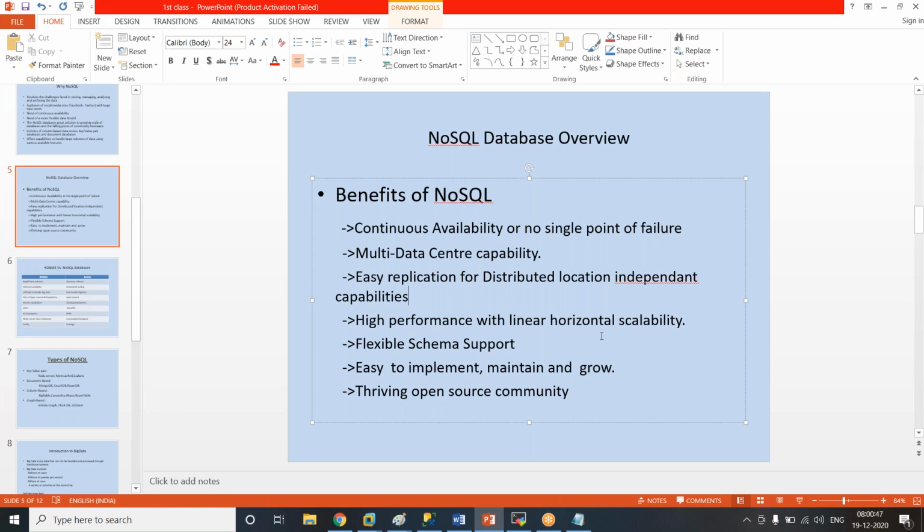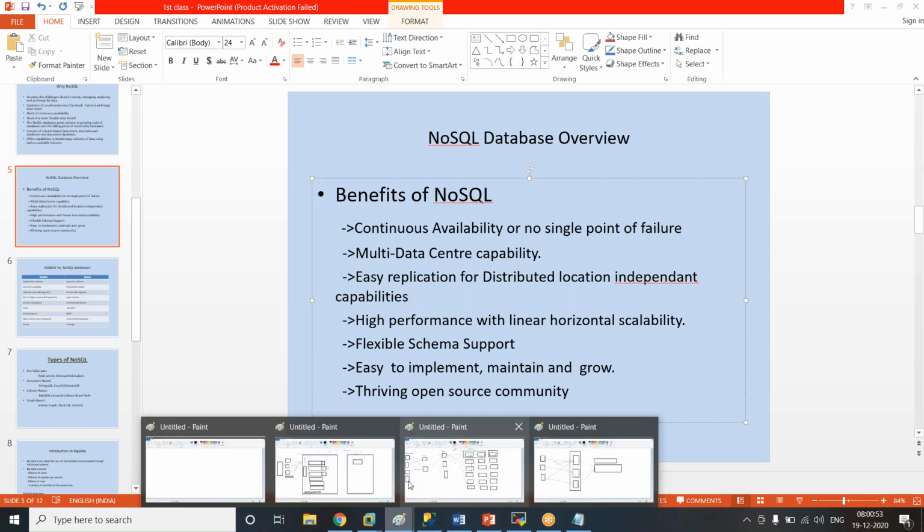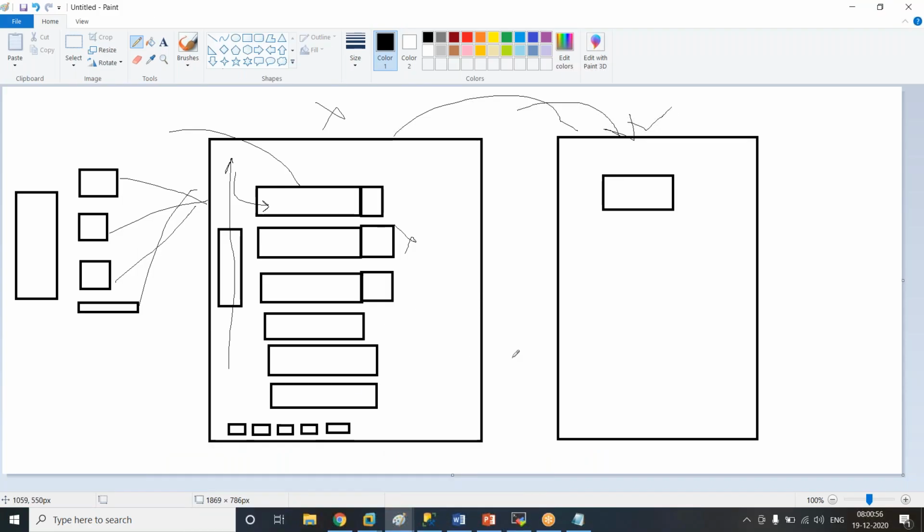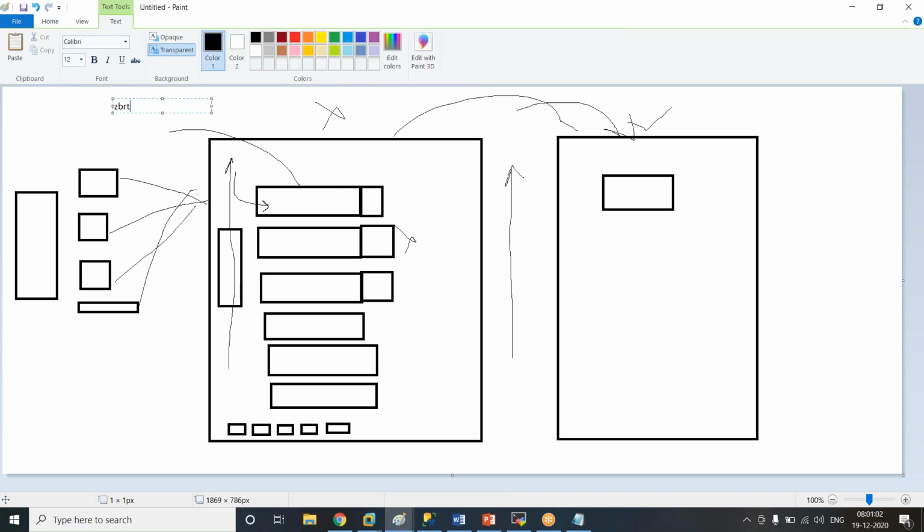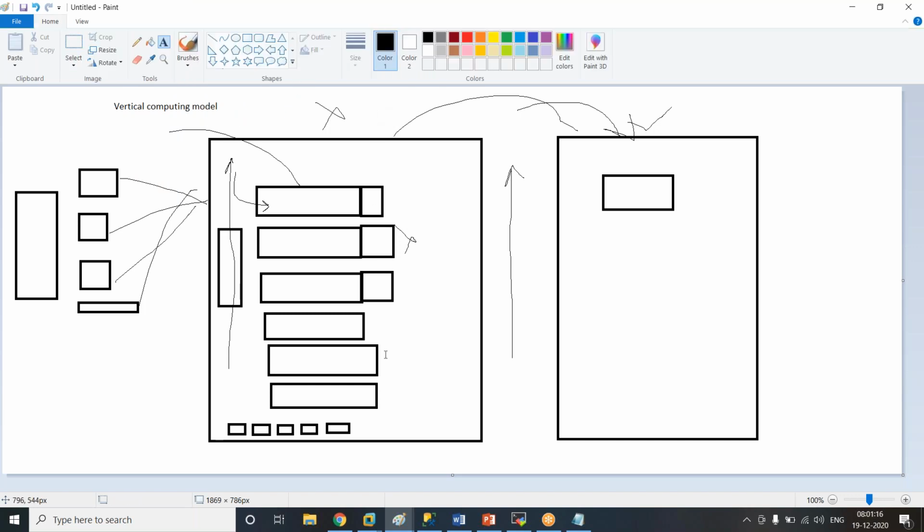High performance with linear horizontal scalability. All RDBMS follows the vertical computing model. Why is it vertical? We load the data into one server and keep upgrading the hardware in that same server to scale with the data, adding more resources to get speed.